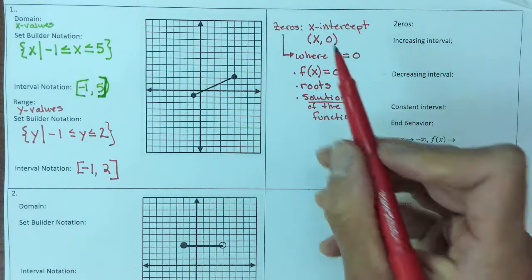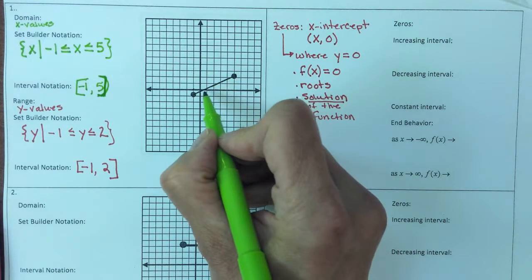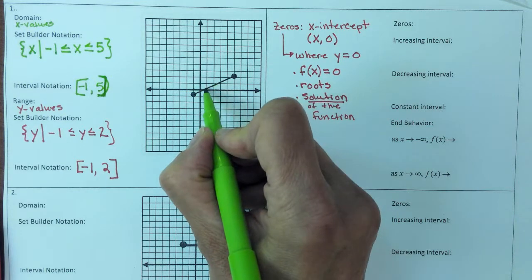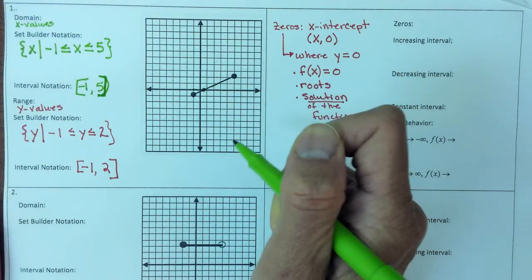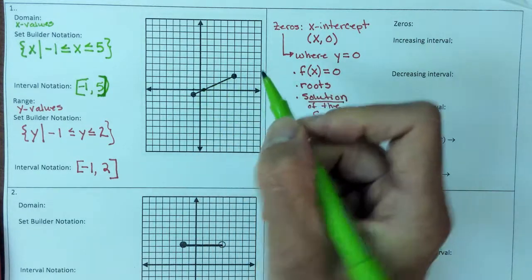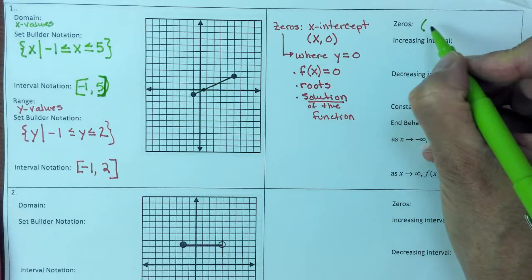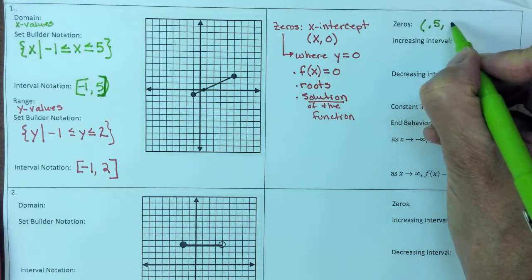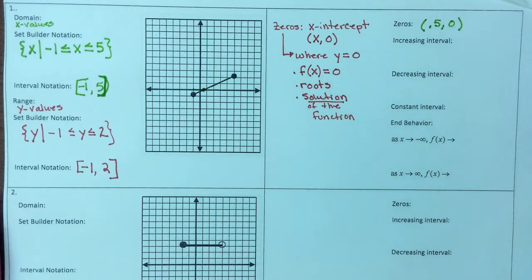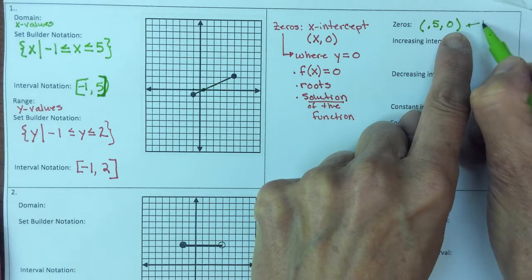Okay, so if I'm looking for x-intercepts, that means I'm looking for where it crosses my x-axis. And it looks like there's an x-intercept right there. Because I don't have an equation, I'm going to have to estimate what that is. So it looks like my value of x, and you can write it as a decimal, is 0.5, where y is 0. So this here is a point.